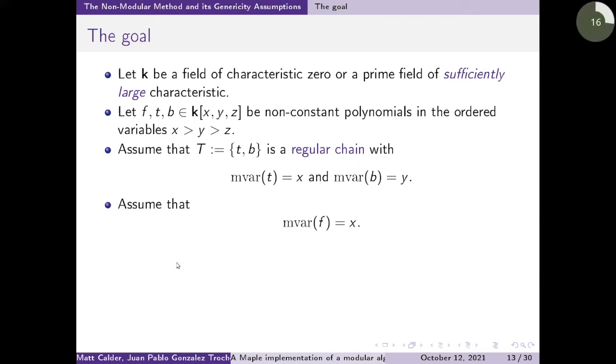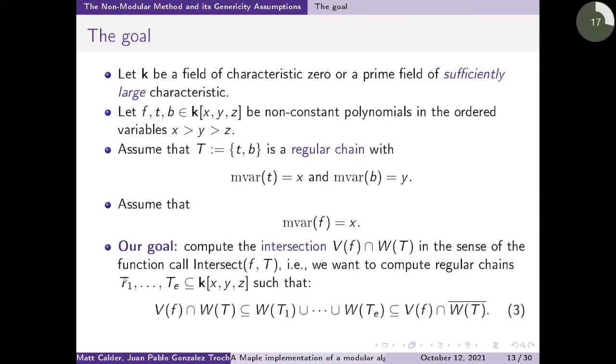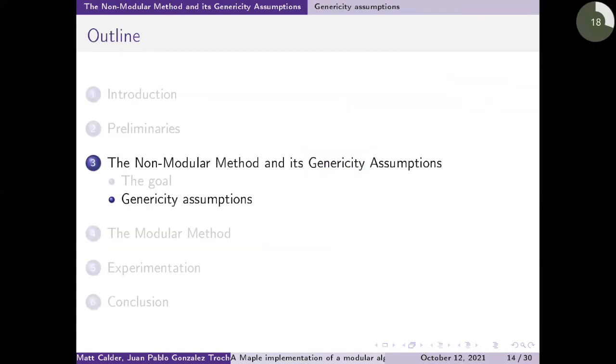Assume also that the main variable of F is x. Our goal is to compute the intersection of the algebraic variety of F and the quasi-component of capital T in the sense of the function called Intersect, as we previously explained.